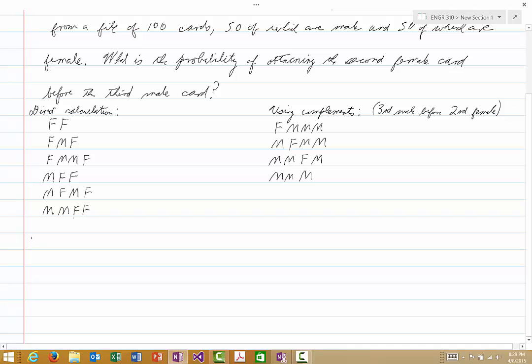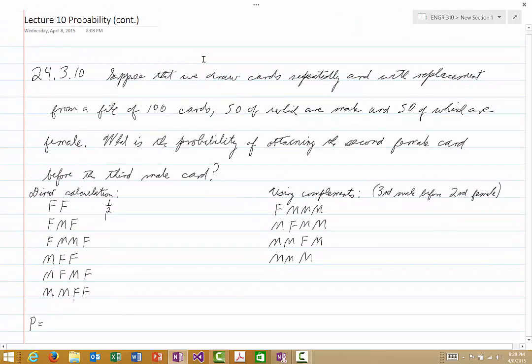So let's now verify that we get the same answer either way. So with complements, well, let's calculate the probability of each one of these outcomes. The probability of getting female with the first card is 1/2. And then remember, we're putting that back because we're drawing with replacement.